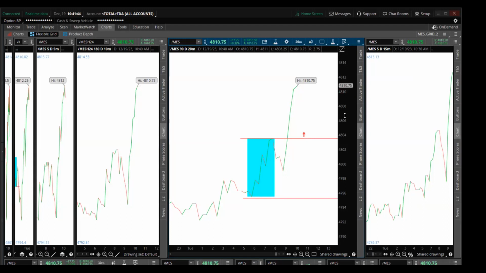Fractals are visual. There's no math involved. It's an art form where you're trying to identify the particular fractal.